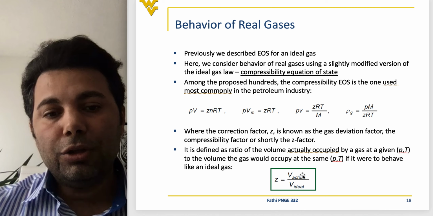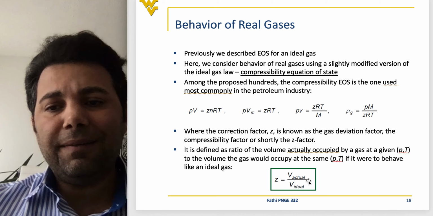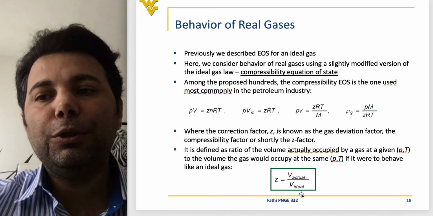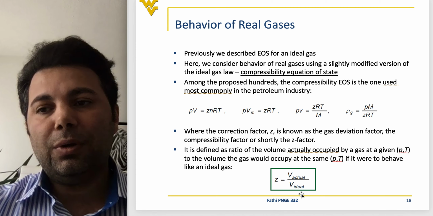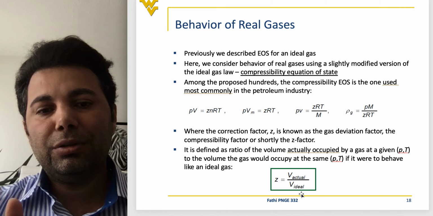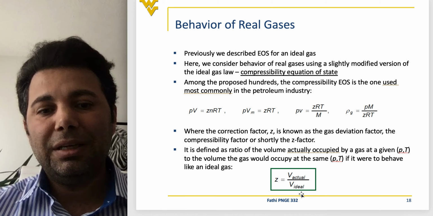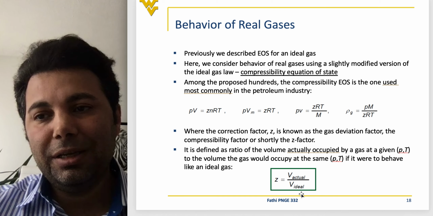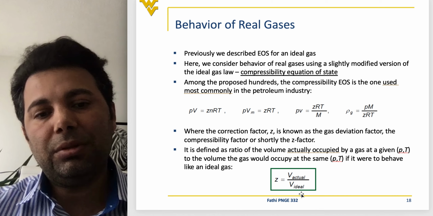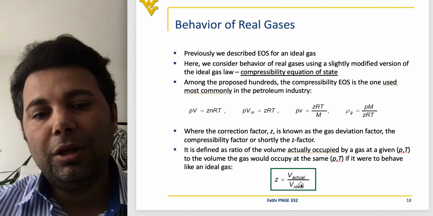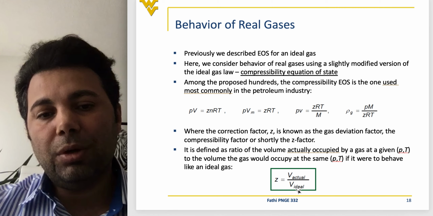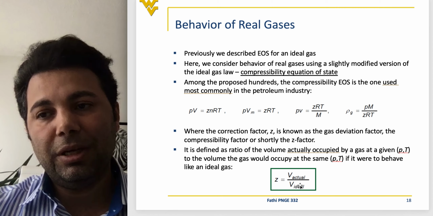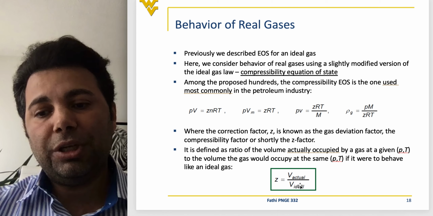At very low pressure, you have only a few molecules, and their volume is negligible. Since there are only a few of them, the intermolecular forces are negligible. So the actual volume becomes equal to the ideal volume. So Z is equal to 1 at a very low pressure. But as pressure increases, it will change, which we'll go over.